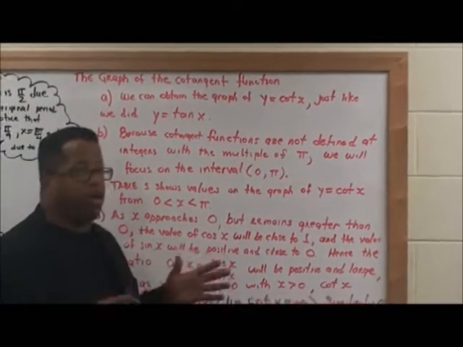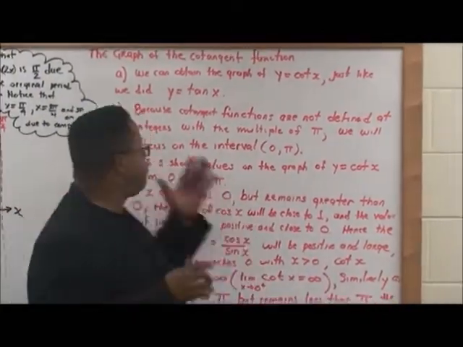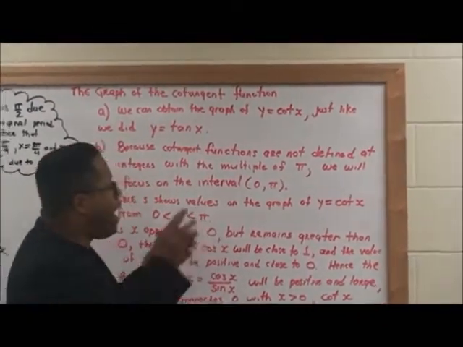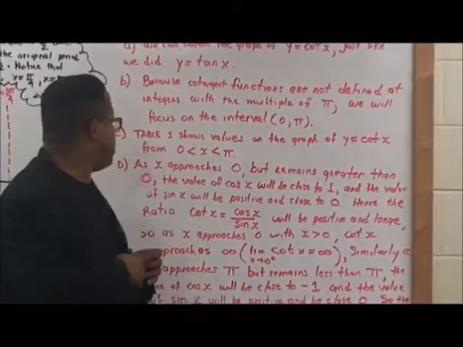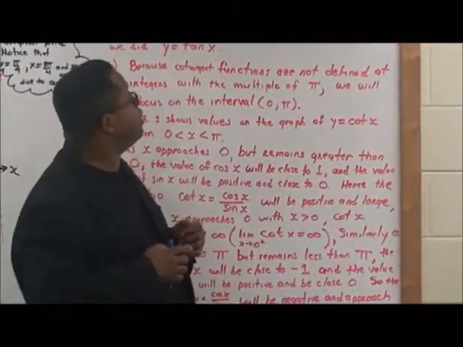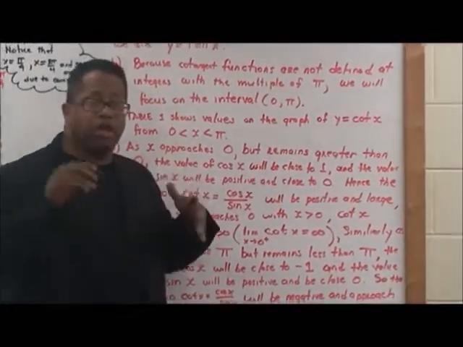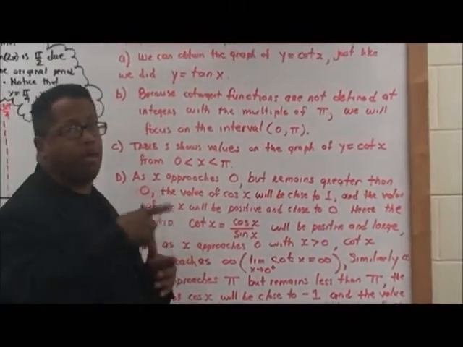And of course, you develop a table, and developing the table will allow you to graph a partial function of that, showing you how to actually graph the cotangent function. We're going to get into detail on that also, and show you some nice pictures of that.